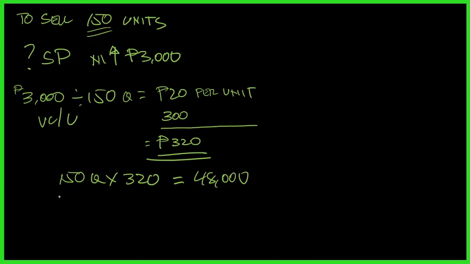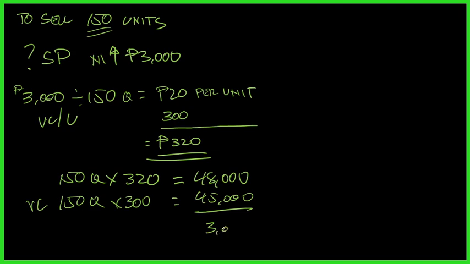And what is the cost? The variable cost is 150 times 300. That will be 45,000. A difference of 3,000. Ayan. Okay po ba?